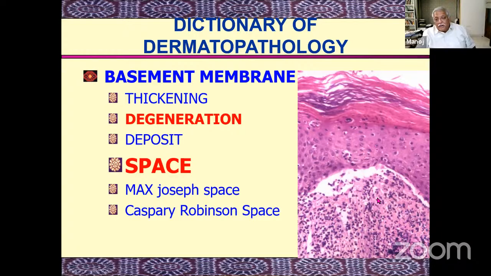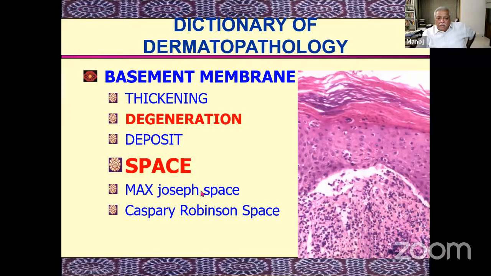This is from a condition called lichen planus, which most of you would have heard of. So when you have a degeneration of the basement membrane because of this inflammation, and you have this space forming above this inflammation. Space is called the Max-Joseph space.